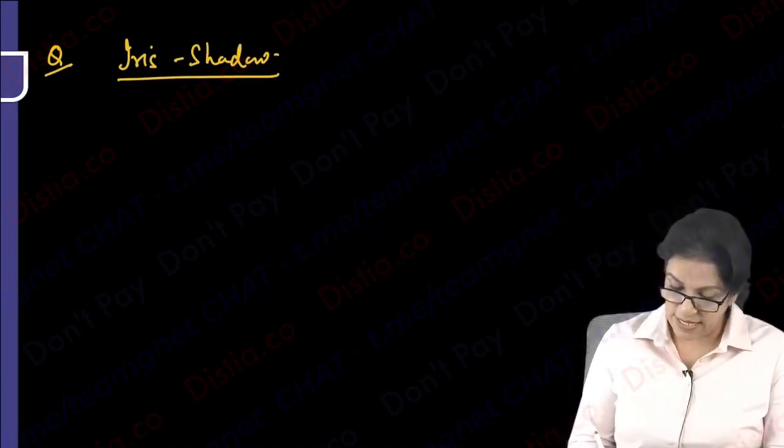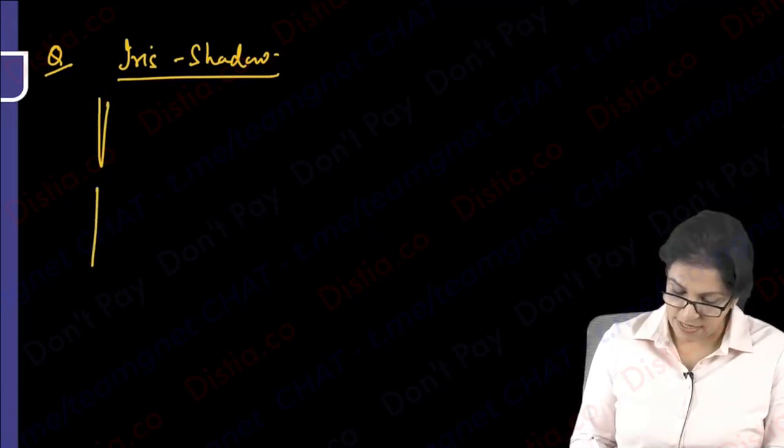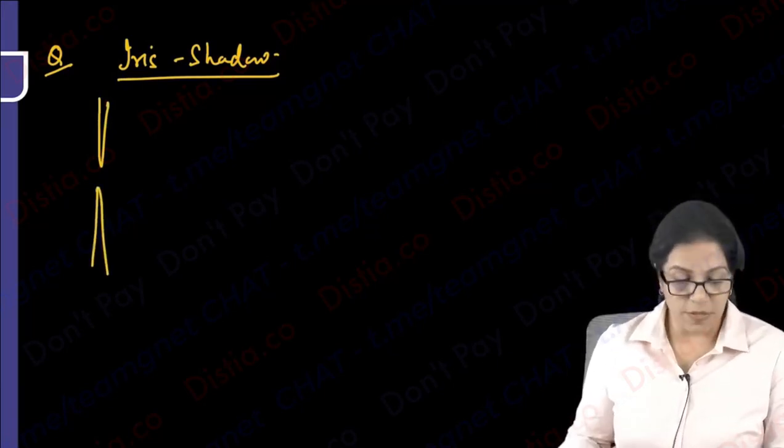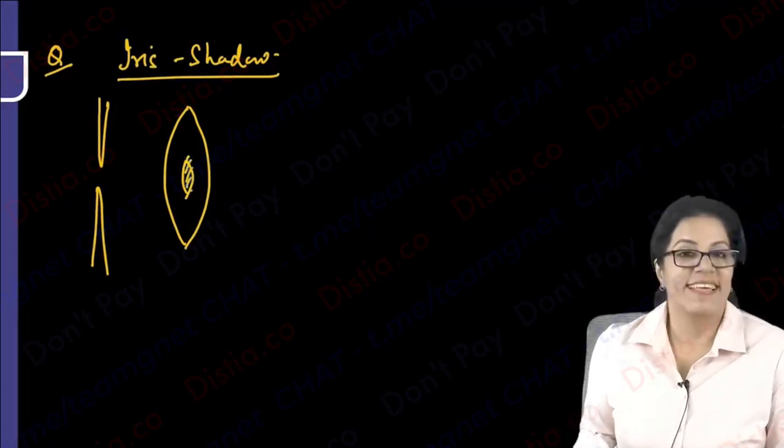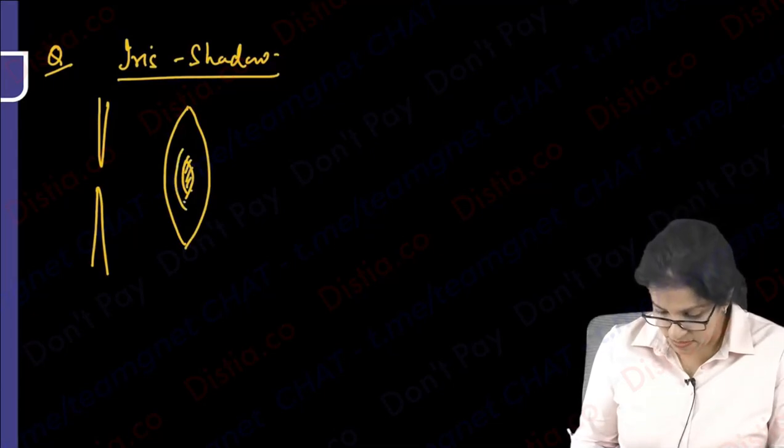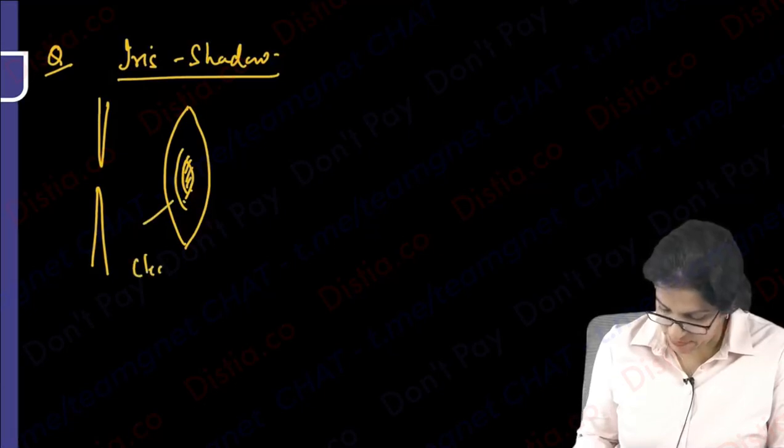Okay. So, think yourself if this is your iris. Let's draw it together. It has to be immature cataract only because, see, if this is the lens, and this part, suppose, is opaque. Some part is opaque. And this part is clear, the black part.